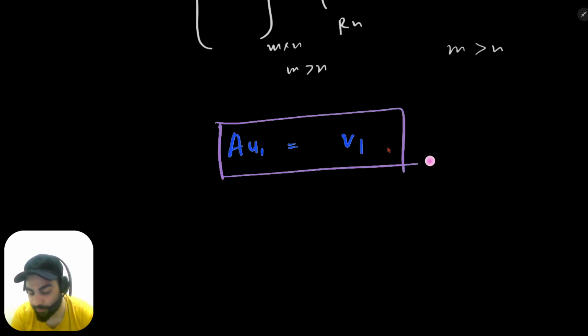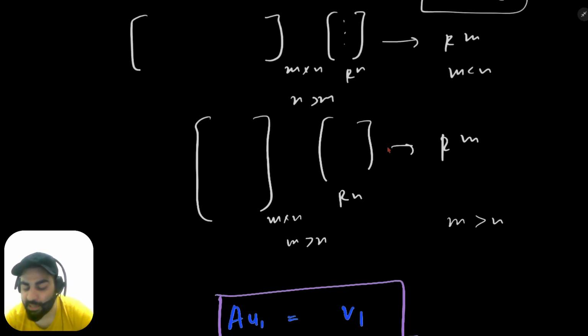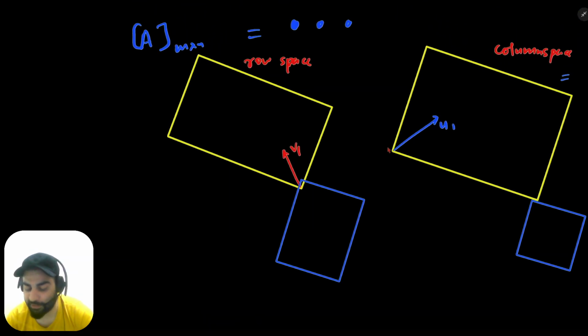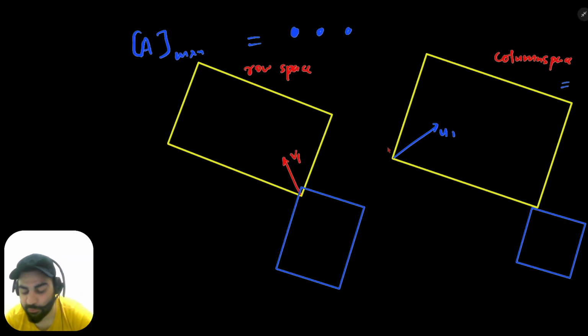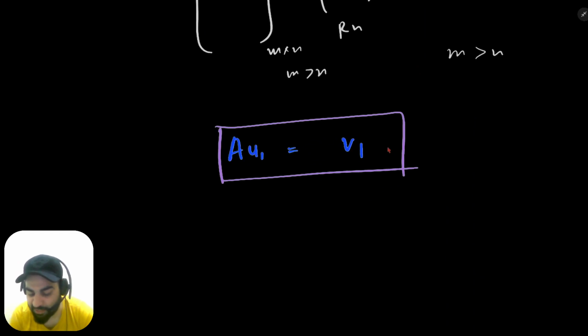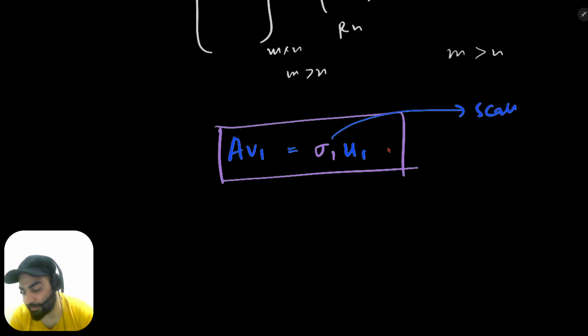This is how I do it: A V1 is equal to some U1. But I want this vector to be a unit vector. Let's suppose I take this unit U1. So I can write some sigma 1 over here, and A V1 is taken to sigma 1 U1. Here sigma 1 is some scaling factor, and U1 is a unit vector.